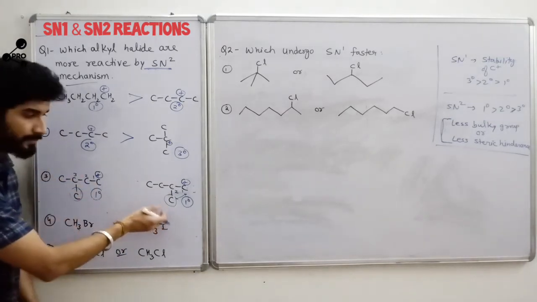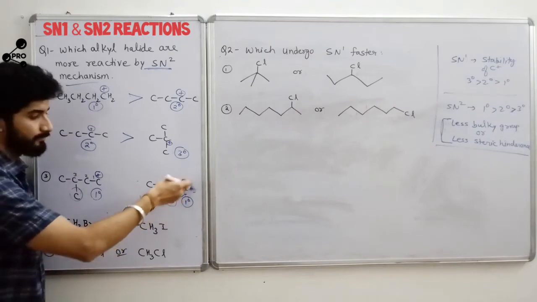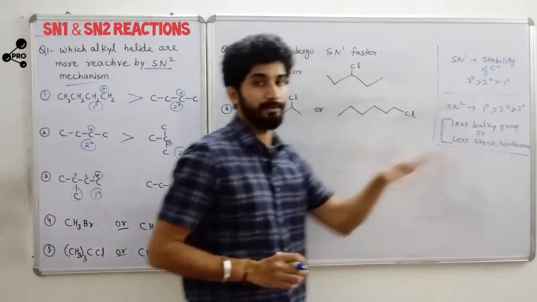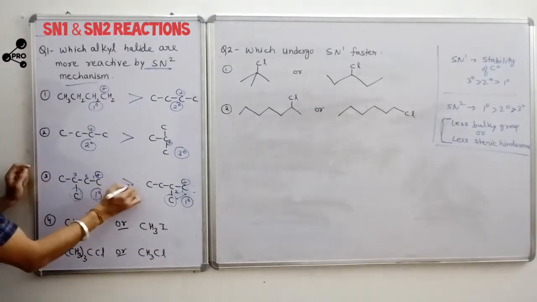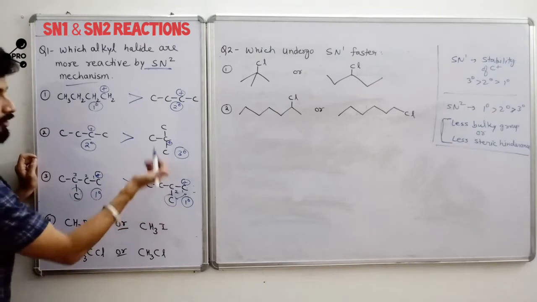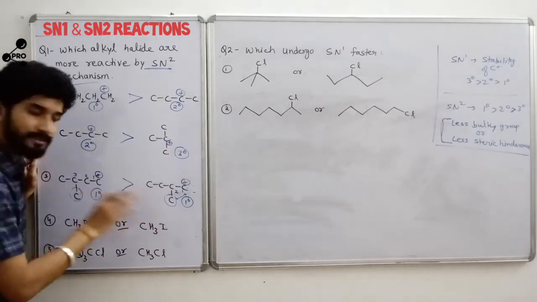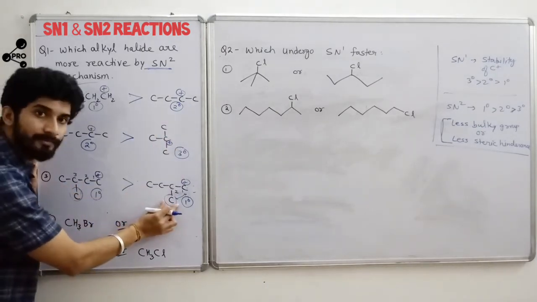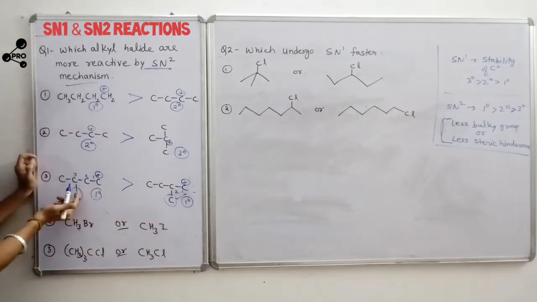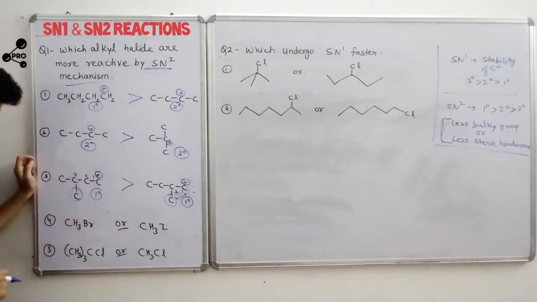So we always select the less steric hindrance or less bulky group. Therefore this is more reactive because there is less steric hindrance, or less crowding, or bulkiness. Although both have a methyl group, in one the methyl group is nearer to the carbocation, and in the other it is further. Therefore this is more reactive.